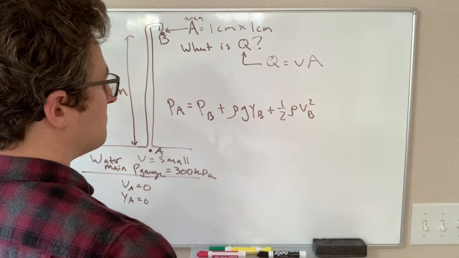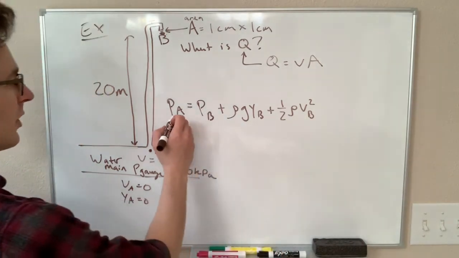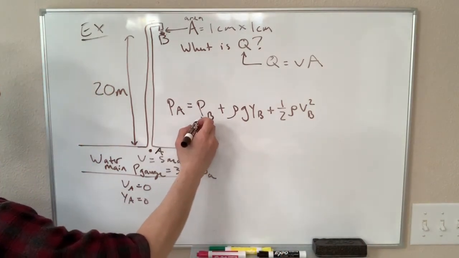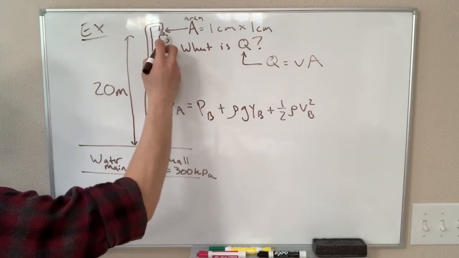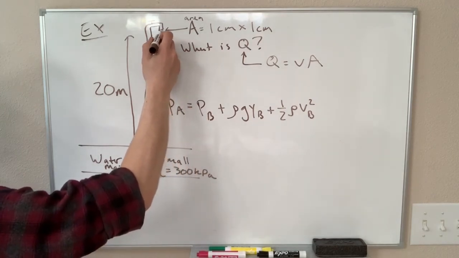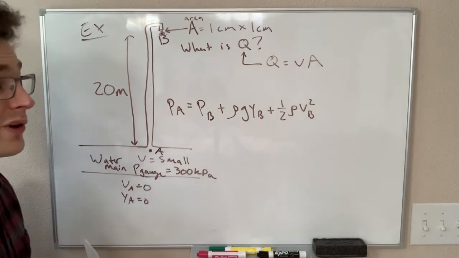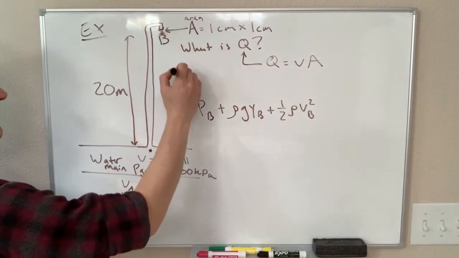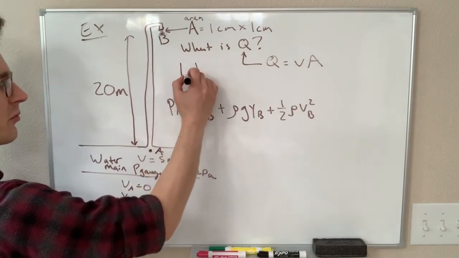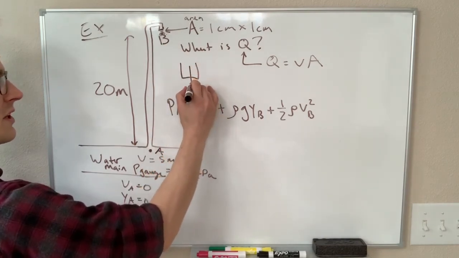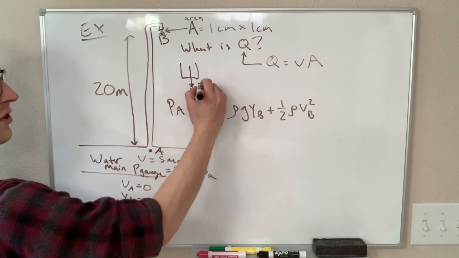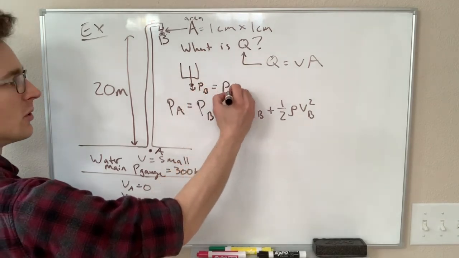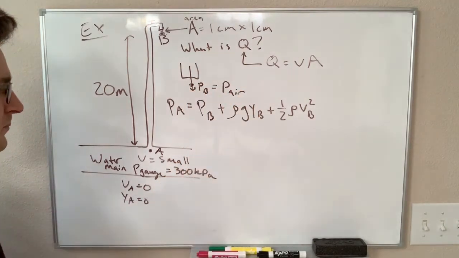That's going to be enough to let us get this answer. All right, so we want VB, we know PA. PB we do not know exactly, but we know enough to be useful here. So once our fluid has exited the tap, I'll draw a little blown up version of this. Once our fluid has exited the tap, its pressure there is just equal to the air pressure.